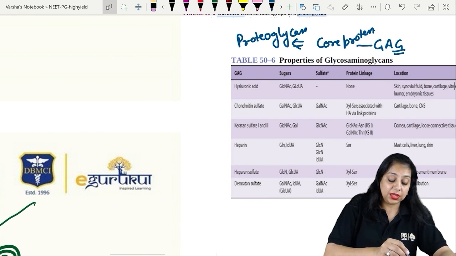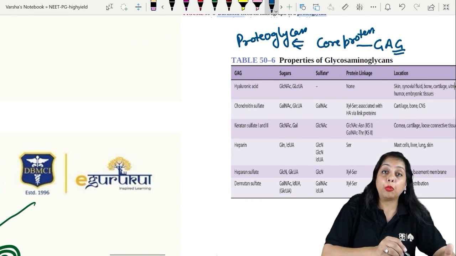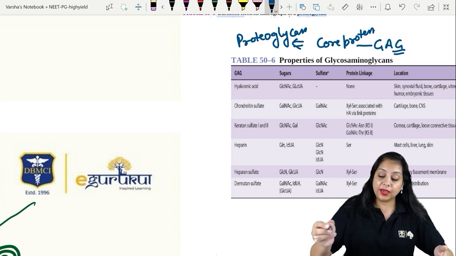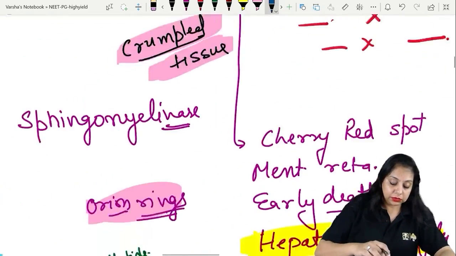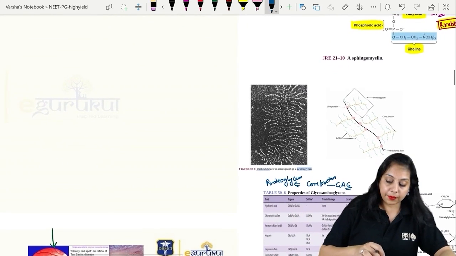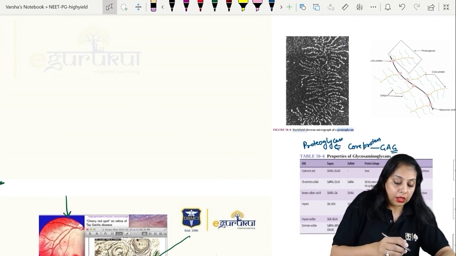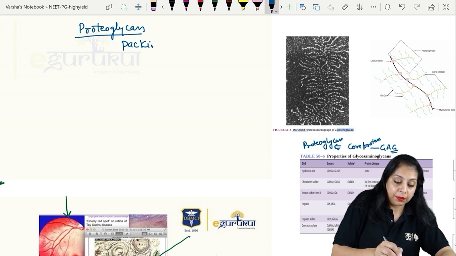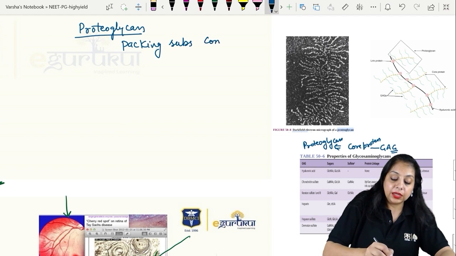This was a question in the exam about the properties of the proteoglycan. What are the properties of the proteoglycan? Proteoglycan acts as a packing material, a substance in the connective tissue.